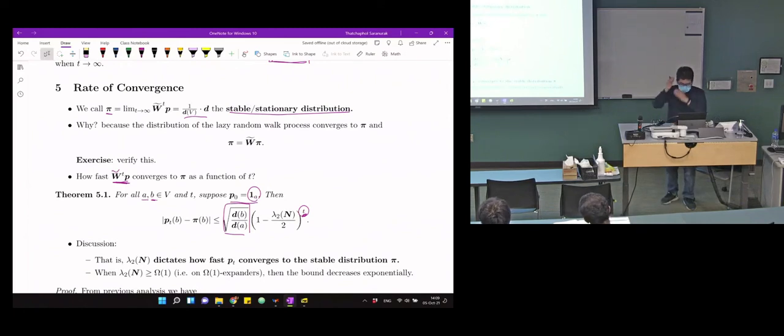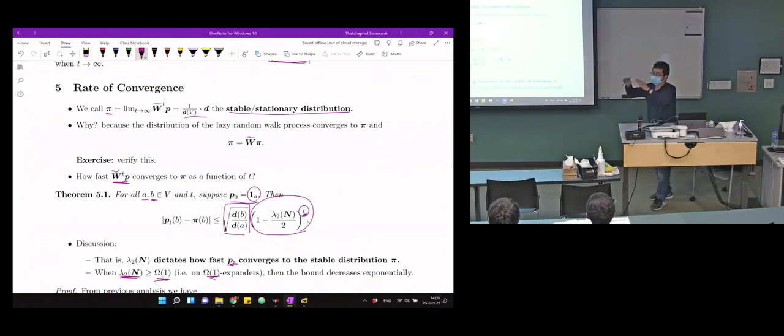What it means is that the second eigenvalue of the normalized Laplacian really dictates how fast pt converges to the stable distribution. Moreover, if the graph is an expander, which means this thing is strictly more than zero by some constant, then this really decreases exponentially at every step.